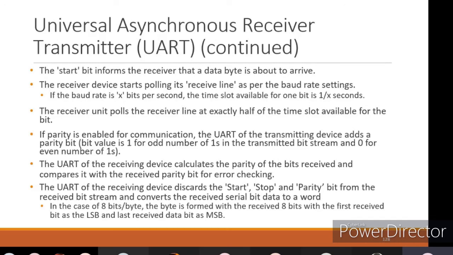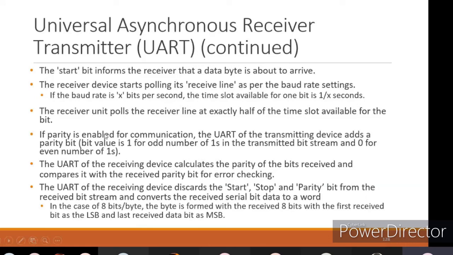The receiver device starts polling its receiver line as per the baud rate settings. If the baud rate is X bits per second, the time slot available for one bit is 1/X seconds. The receiver unit polls the line at exactly half of the time slot available for the bit.